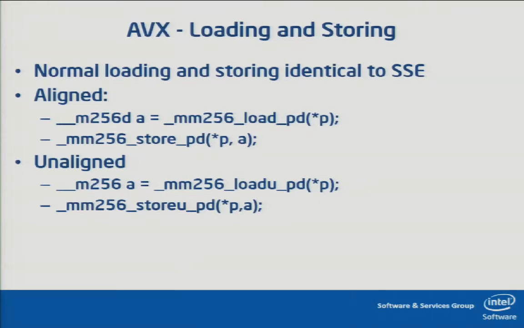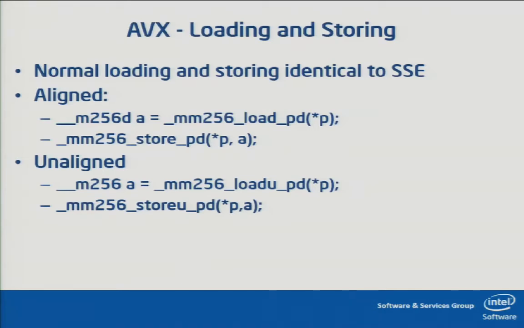The aligned load is just _mm256, so this is a specification of the vector length. There is also 128, and in the future, or even on other architectures, there might also be 512. On Sandy Bridge it is 256, so all the vector instructions should start with _mm256, then underscore what you want to do. In this case, load underscore pd, packed double.